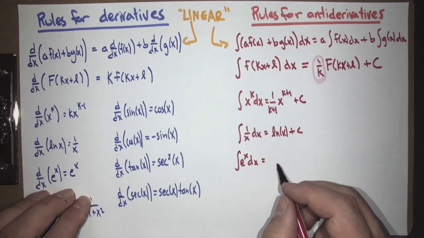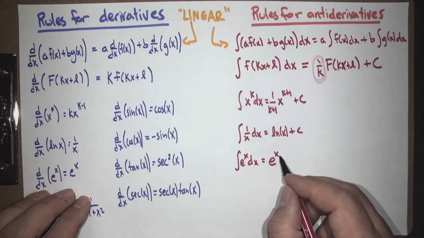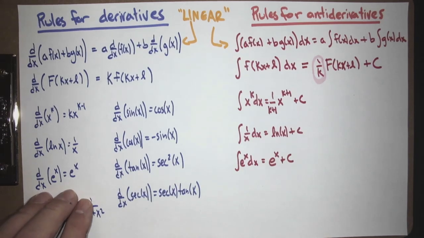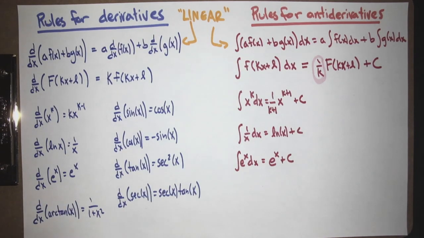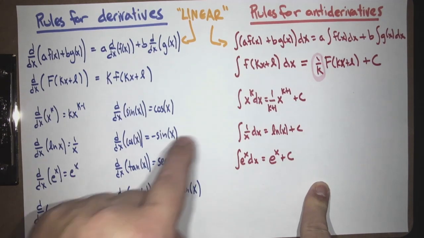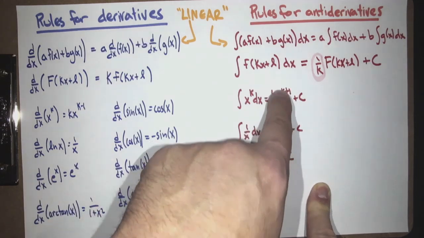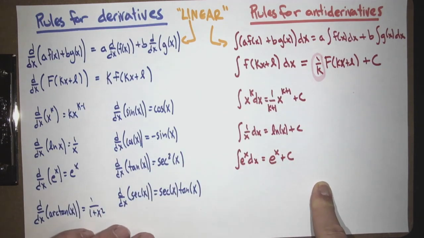Wouldn't it still be e to the x? It's e to the x plus c. Do you see where these are coming from? We're putting our outputs into the antiderivatives, and then these are going in modified as needed.